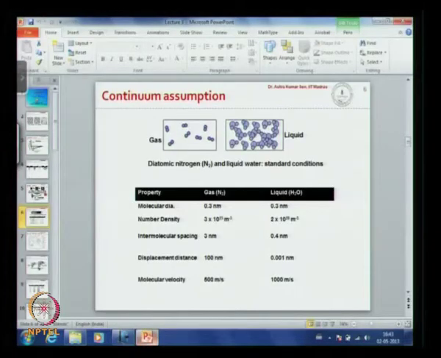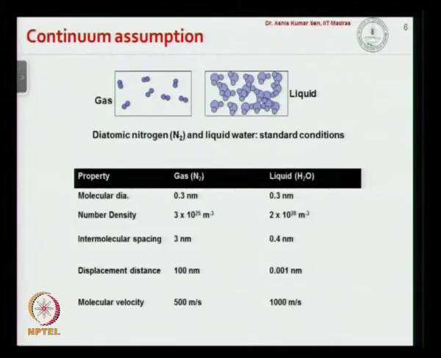So as you see here, to describe the continuum assumption, we consider diatomic nitrogen and liquid water at standard conditions. There are different properties shown here. One is the molecular diameter. The molecular diameter of nitrogen is about 0.3 nanometer, which is the same as the molecular diameter of water.